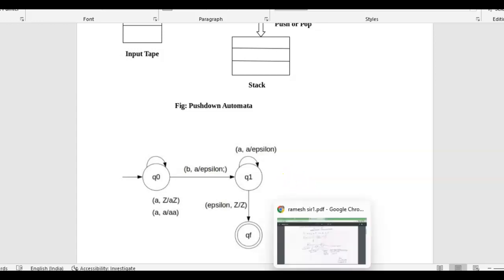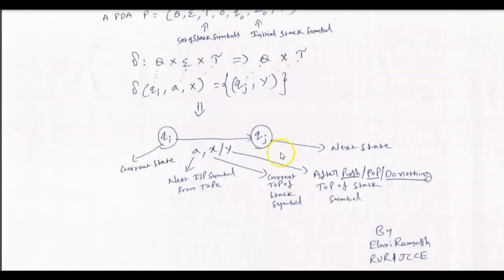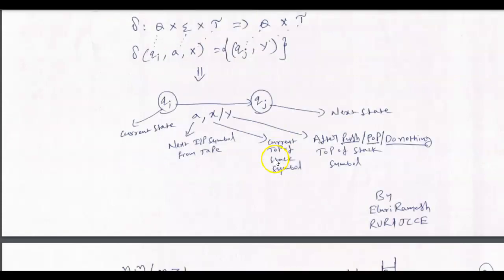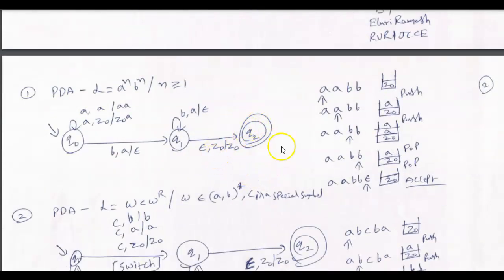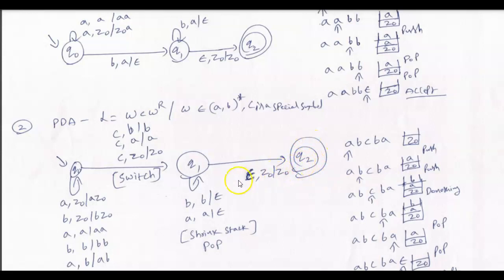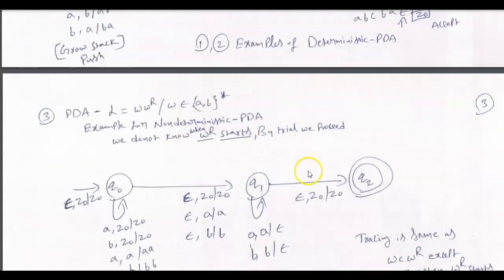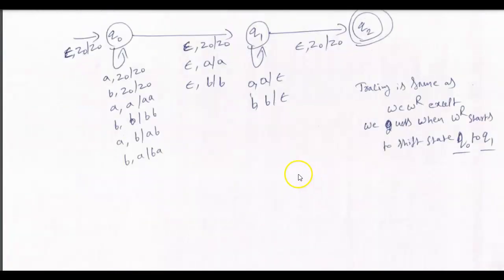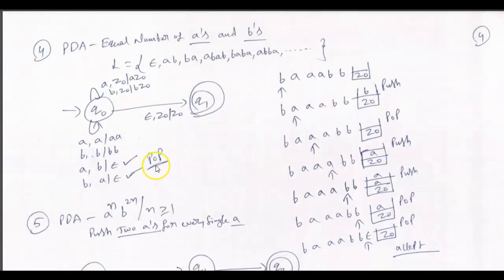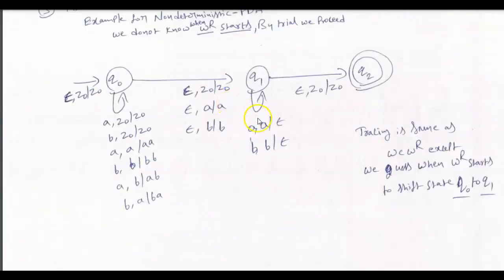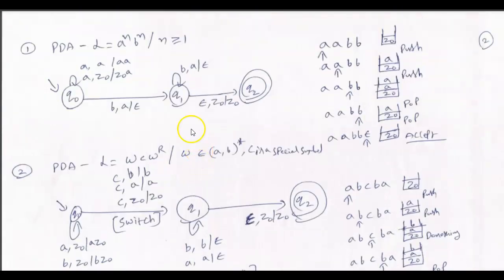You got my point? The examples that I deal with in this lecture are completely related to final state acceptancy. In the various final state acceptancy examples, the same transitions are there, plus one more extra state added to the entire earlier PDA, using the transition epsilon, Z0, Z0.